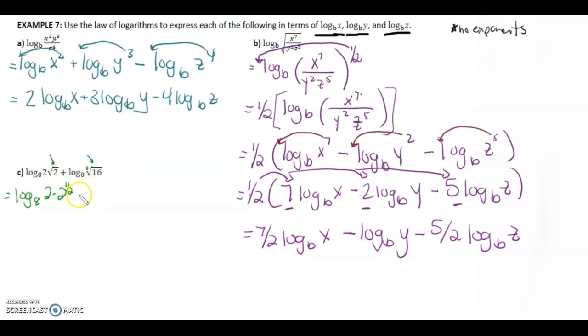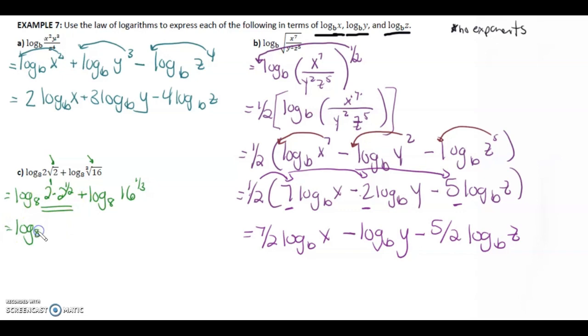And this side is going to be written as log base 8 of 16 to the 1/3. This is actually not bad because both of these are base 8. Now I'm looking at this. We have 2 to the 1 times 2 to the 1/2. I'm just going to collect those.